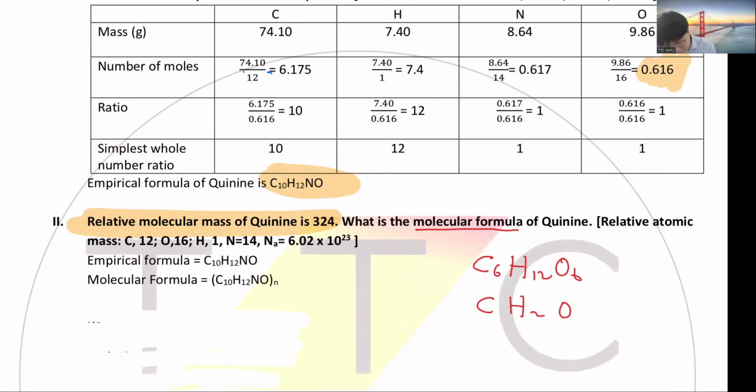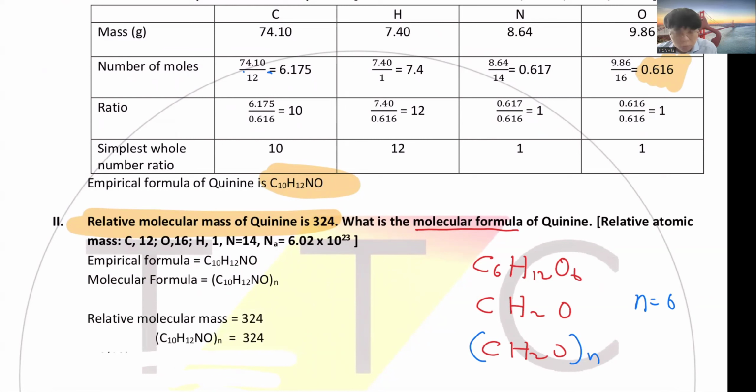If you want to change it to molecular formula, you need to bracket the number, and you know that n equals 6. So same, I don't know the actual formula, so I can make an assumption that it is C10H12NO in brackets n. Then from there, you put equals to 324.